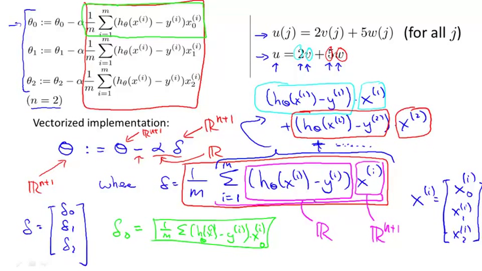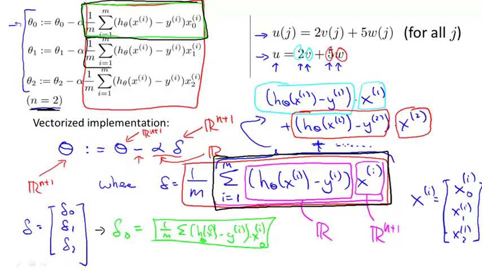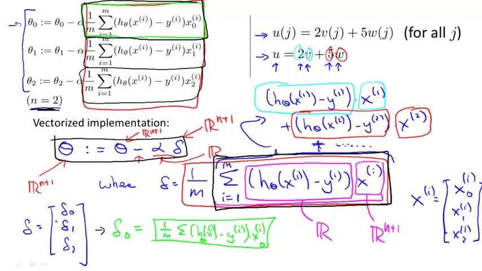Which is why overall, that whole quantity, delta, is just some vector. Concretely, if n equals 2, the 3 elements of delta correspond exactly to the three update terms, which is why when you update theta according to theta minus alpha delta, we end up carrying out exactly the same simultaneous updates as the update rules we had on top.